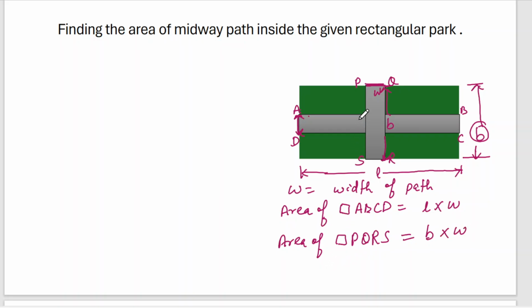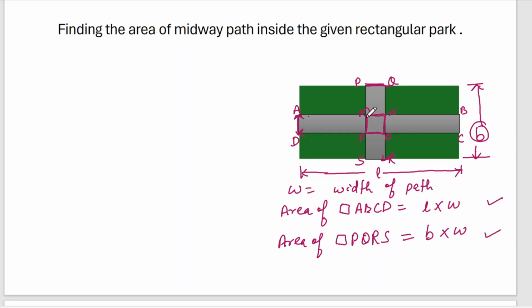Now, while calculating the area of rectangle ABCD and rectangle PQRS, we have calculated the area of this twice. So we are going to subtract the area of this square. What is the area of this square? Let me name the square MNOP.